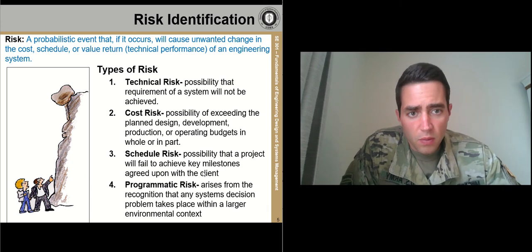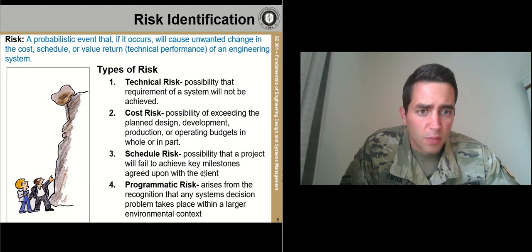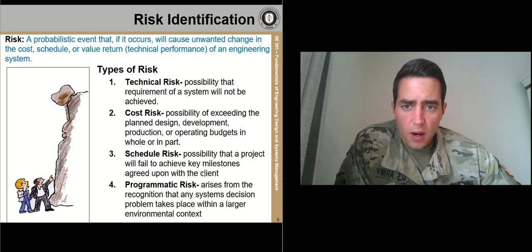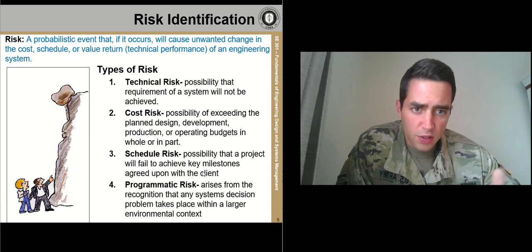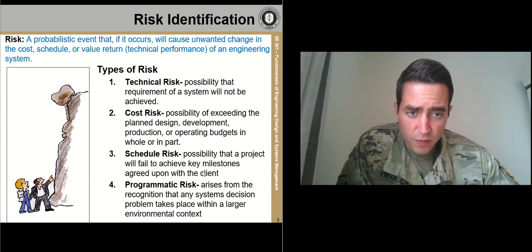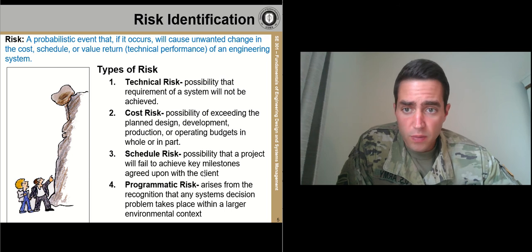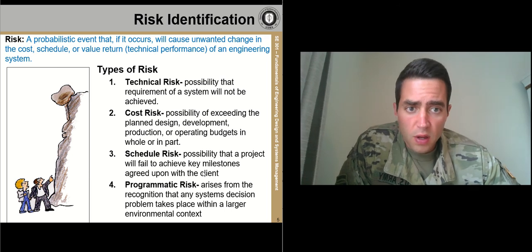So using the rifle squad of the future example again in this weapon system, perhaps we budgeted a set number of time for research and development, and it takes longer, thus delaying the entire process, and that kind of bleeds into schedule risk. But also for cost, maybe research and development costs a little bit more money than we budgeted, so we are now in the hole a little bit as far as our project budgeting is concerned.